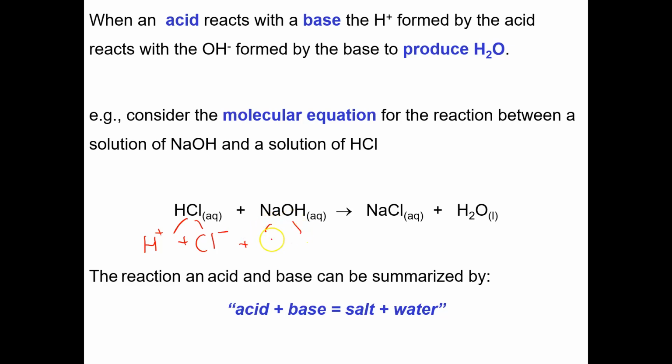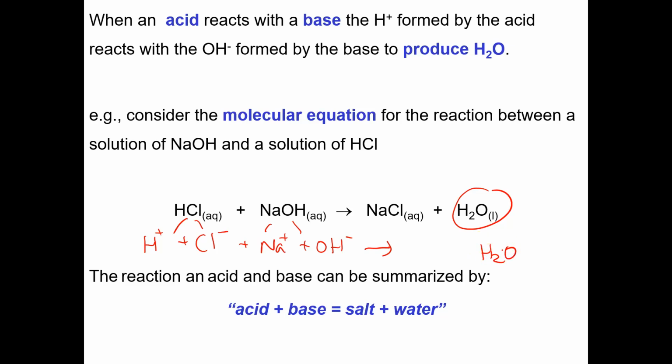The base will dissociate, forming sodium ions and hydroxide ions. And as we mentioned in the opening, the hydroxide ions will combine with the hydrogen ions to make water.